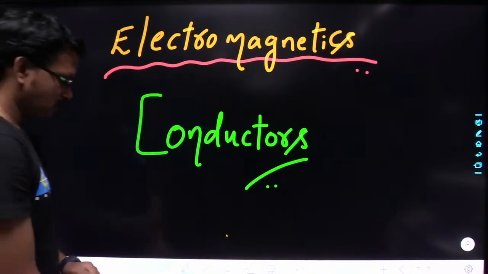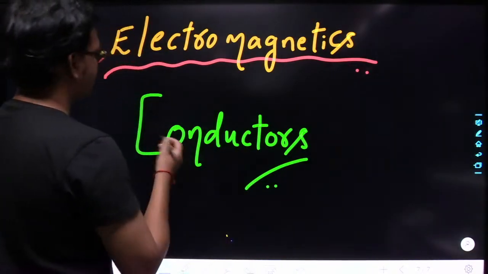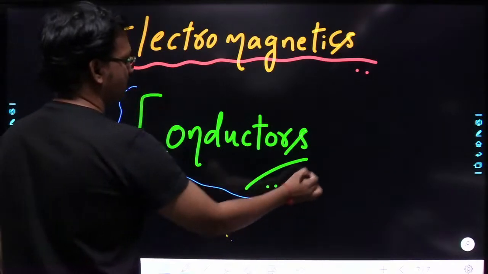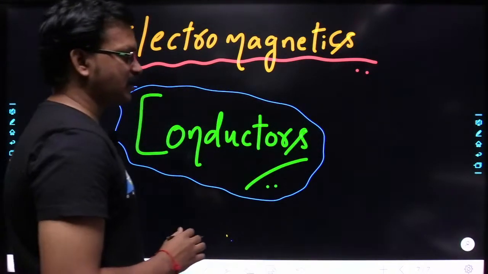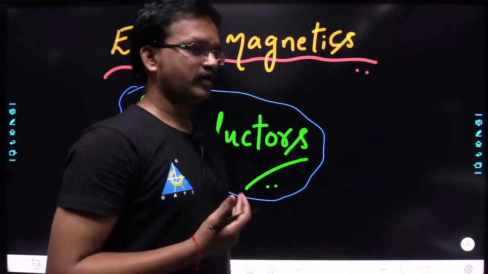Okay. So, in the previous session we started with the conductors topic, right? And we have studied the properties of the conductors. Which type of conductors have we studied here?